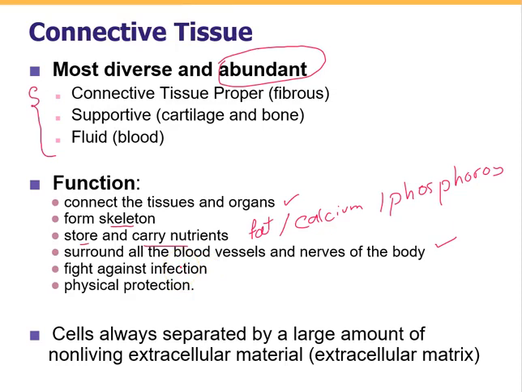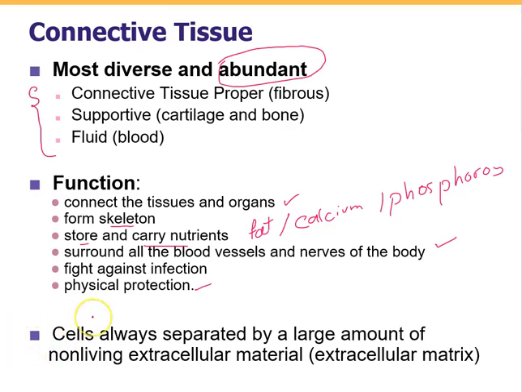When germs try to invade your body, connective tissue helps fight them off. And also, connective tissue is like a bodyguard, providing physical protection to delicate organs and tissues, keeping them safe from harm. Yeah, connective tissue is pretty awesome. Let's study connective tissue more.